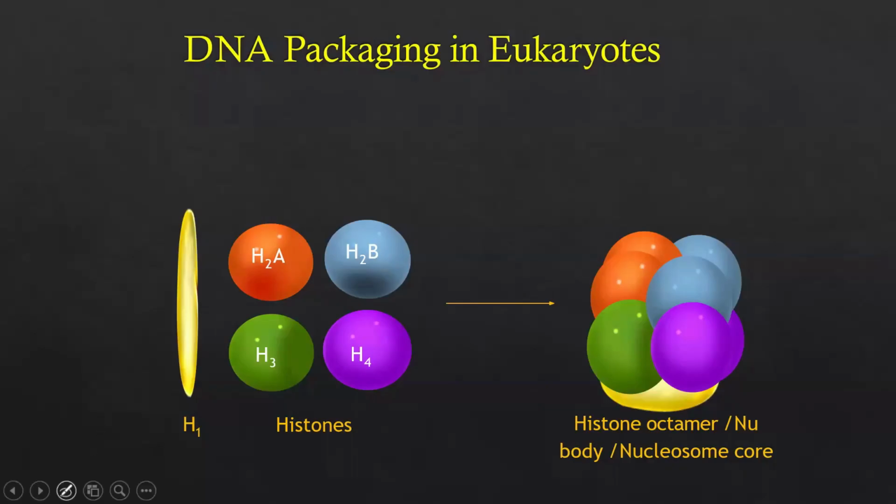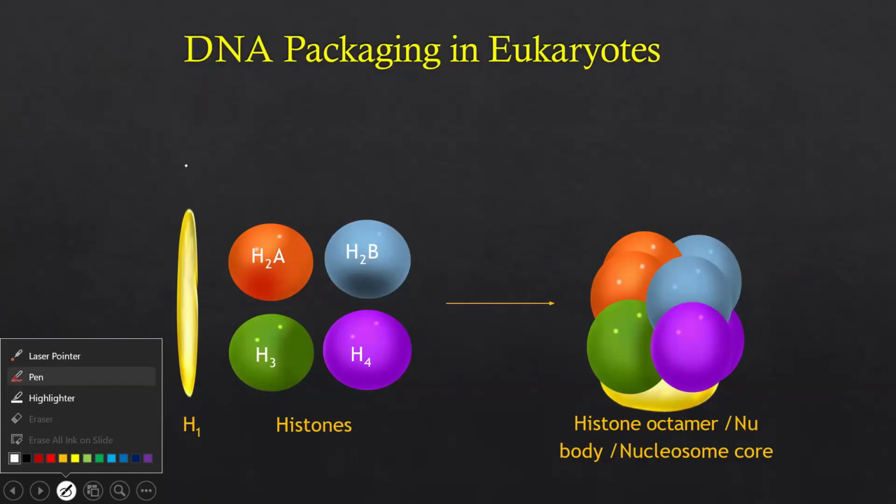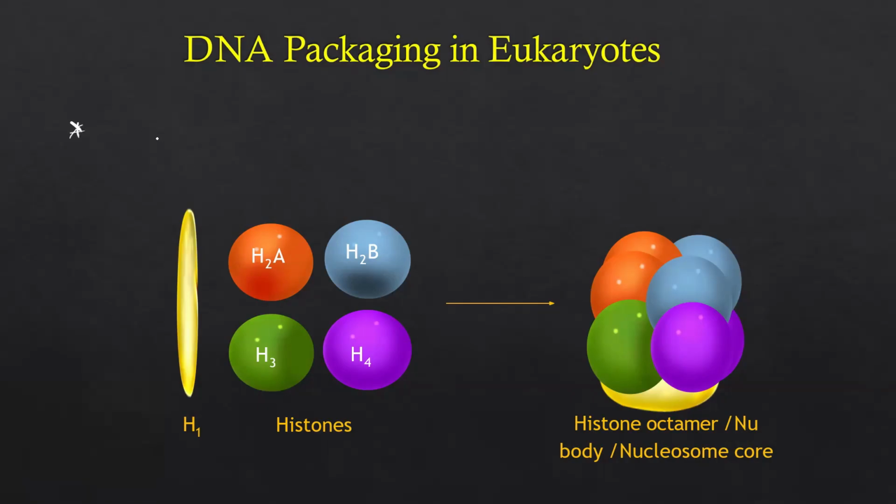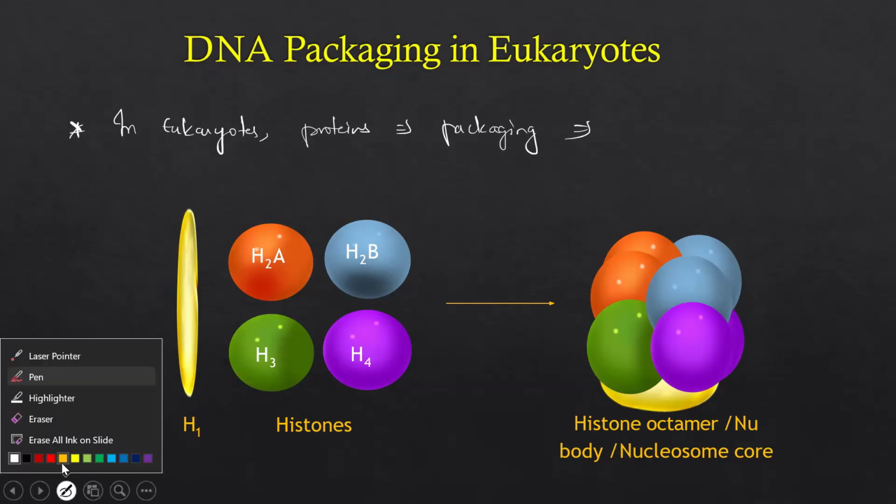So this complex packaging happens because of proteins in the eukaryotes. Proteins are involved in packaging of this DNA, and those proteins we call histones.